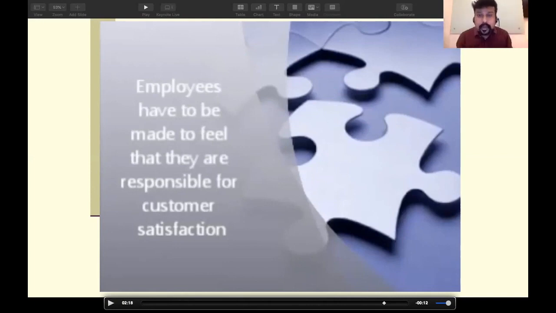I'll repeat again: total quality management is continuous process improvement, focusing on customer satisfaction with employee participation and top management commitment.